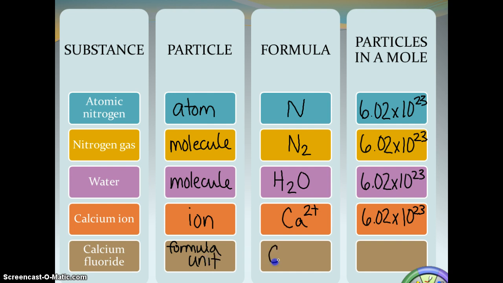Well, calcium is a 2+ charge, fluoride is a -1 charge, so it's going to be CaF2. And if we had a 1 mole container of calcium fluoride, how many formula units would be in that container? There would be 6.02 times 10 to the 23rd particles.